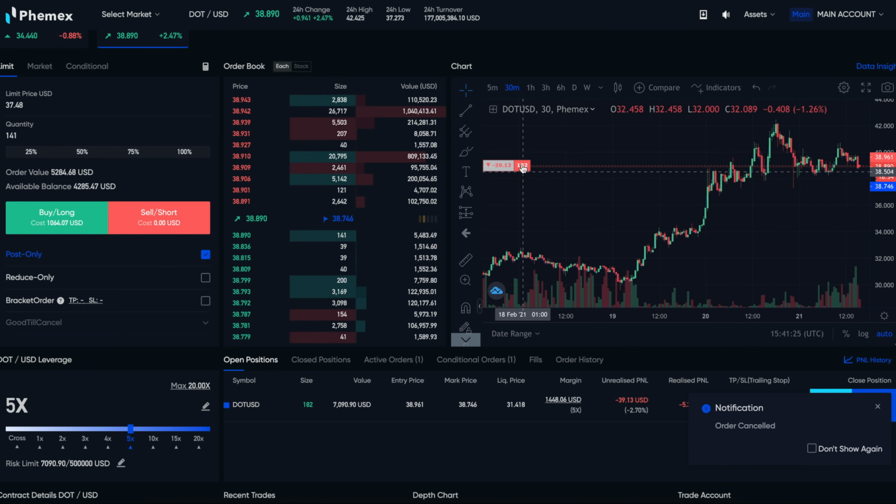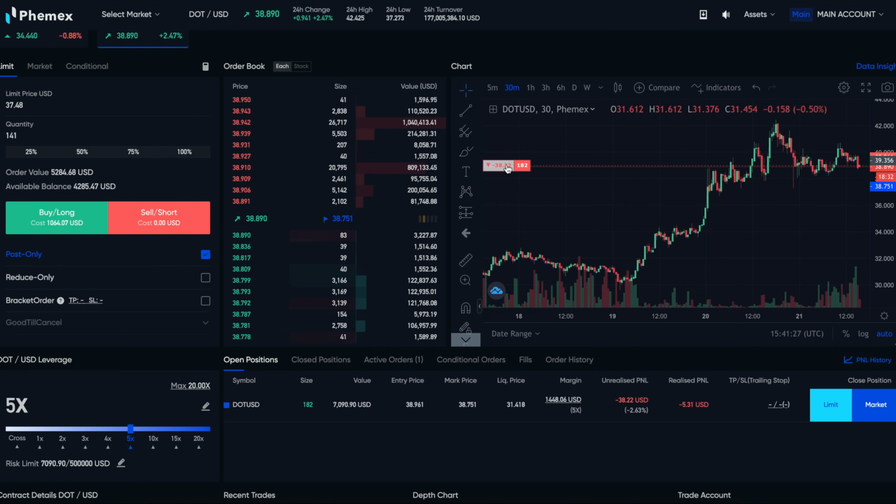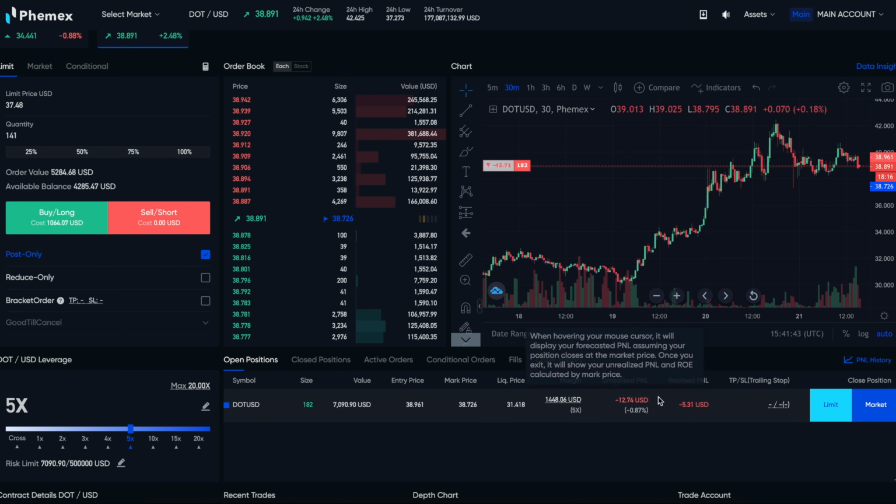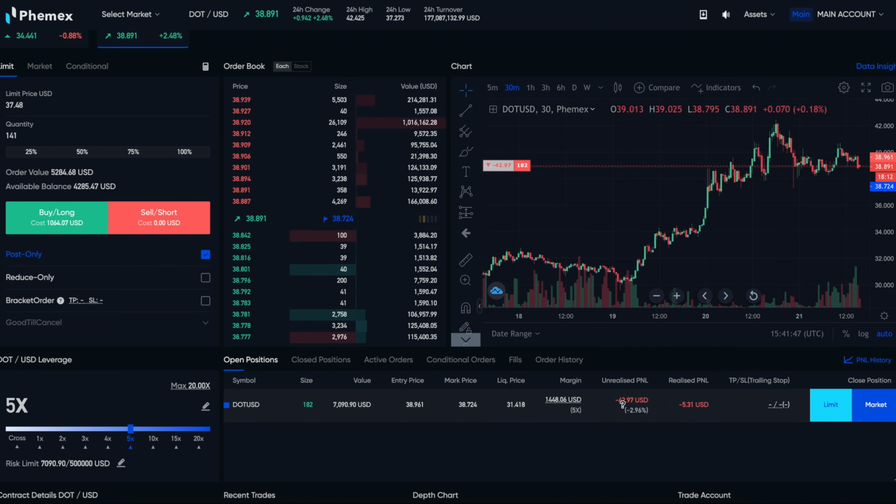Now keep in mind, we can't cancel the order that we're currently in right now. The only way to do that would be to come down and either do a limit exit, or a market exit. The limit exit would basically be to just put back what we had up here, versus the market, which would be an instant sell, which if we were to actually do right now, we would have lost money because as you can see, we are in the red.